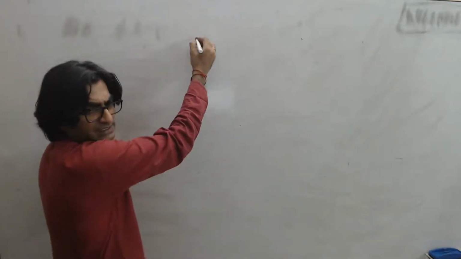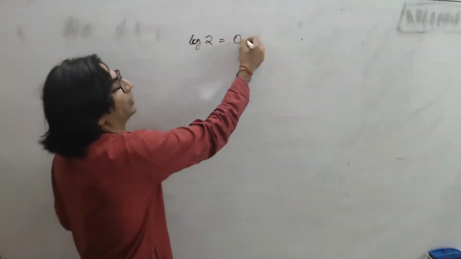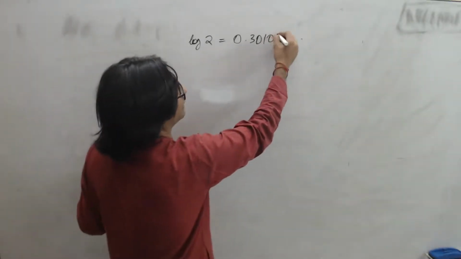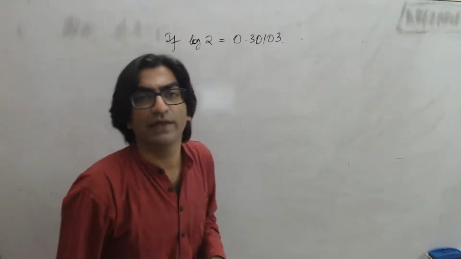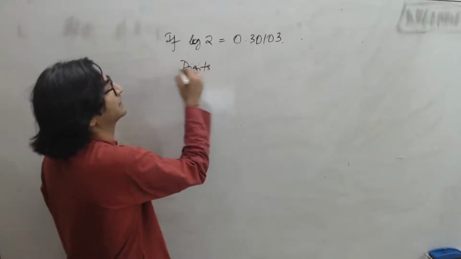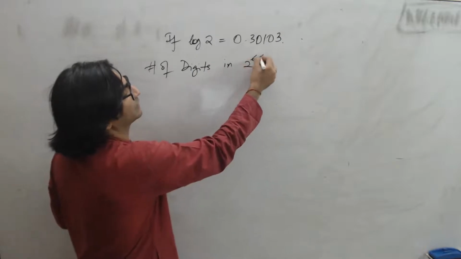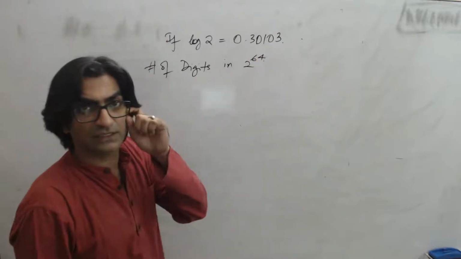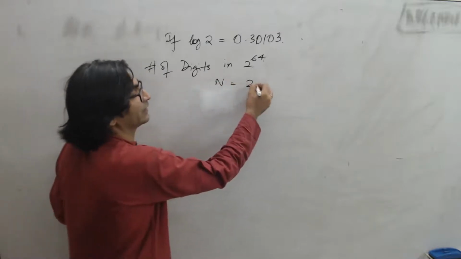It basically says that if log of 2 is known as 0.30103, then how many digits are there in 2 raised to the power 64? So that's the question. So I start with the value of n.